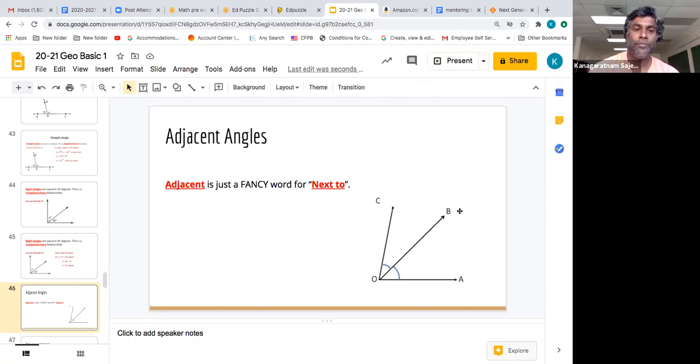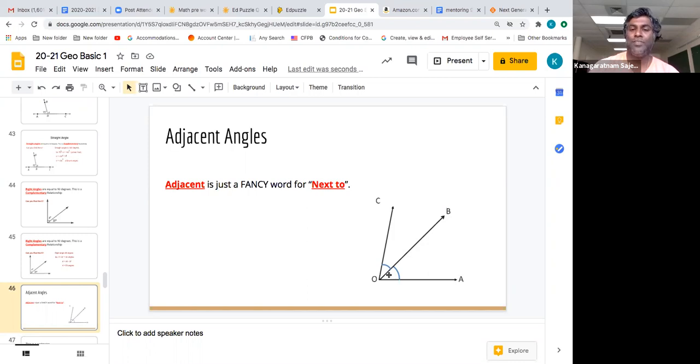Adjacent angle. It's a little fancy word for just the right next angle, or right next to the one angle. They always use that word, the fancy word, but it's not a big deal.